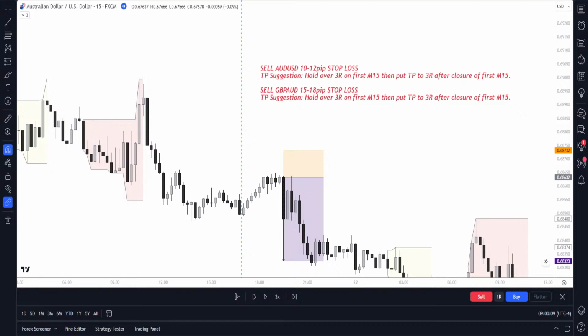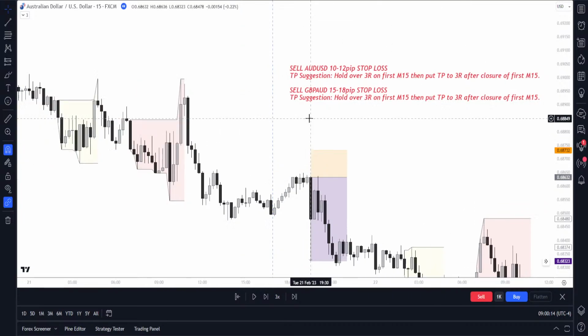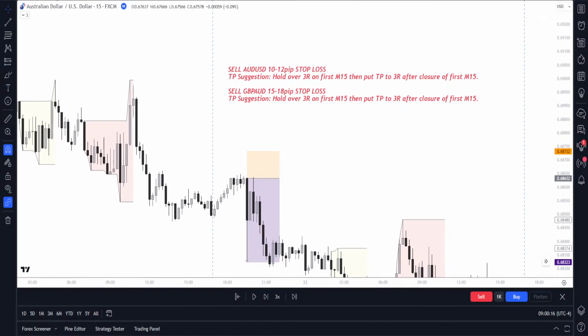Okay, so this is the trade. Take a screenshot if you need to.